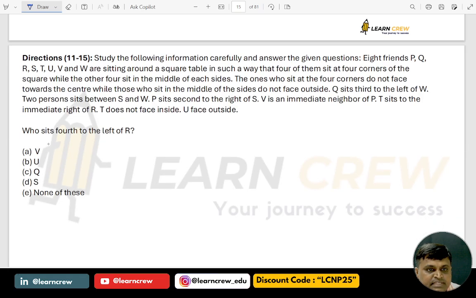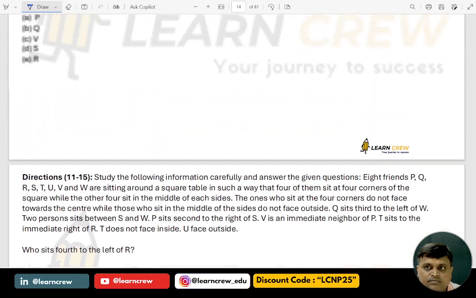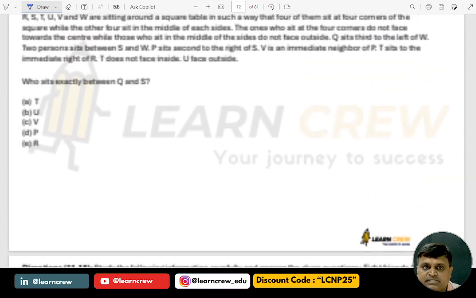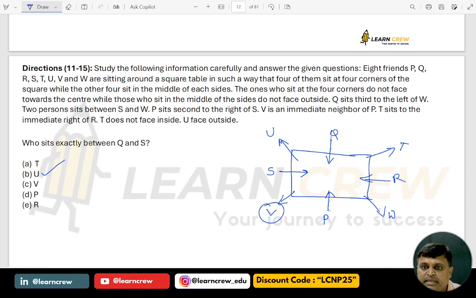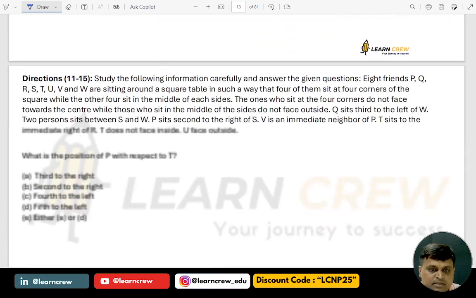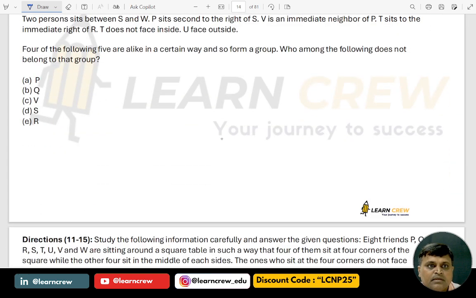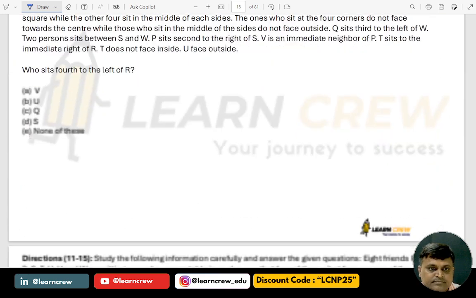So the different one is who? V. Am I correct? Which is different is asked. P, Q, S, R are facing towards the center, whereas V is not facing the center. So V is different.